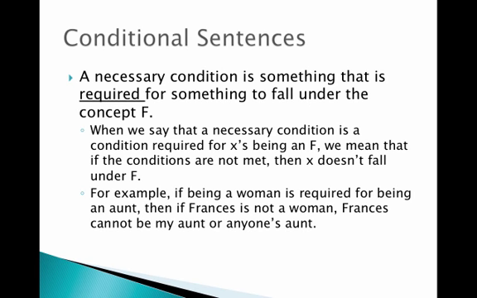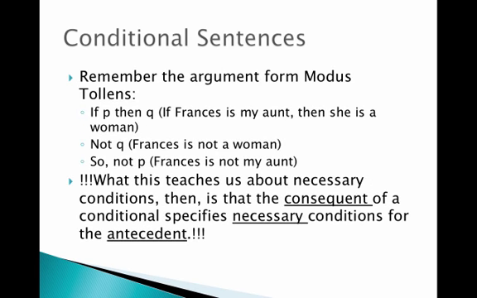And it's required. Okay, so remember the argument form modus tollens from the last lecture? You probably don't, so for review, it goes: if P then Q, not Q, so not P. So if Frances is my aunt, then she is a woman. Frances is not a woman, so Frances is not my aunt.